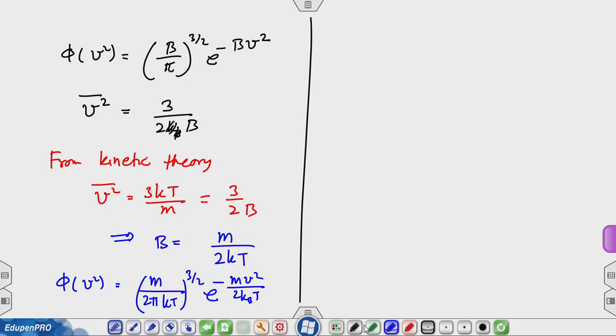So what I'd like you to do here is find f(vx), f(vy), and f(vz) individually.